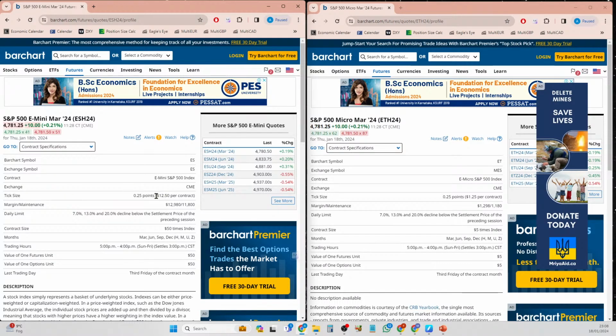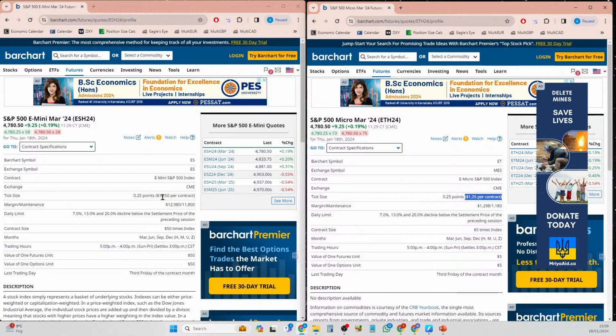Now there is something called tick value. Every tick, that is a 0.25 points movement, would fluctuate your profit or loss by $12.5 for a standard lot of S&P 500, that is E-mini S&P. Whereas when you look at the micro contract on the right, while the tick size is the same, the value reduces by 1/10.